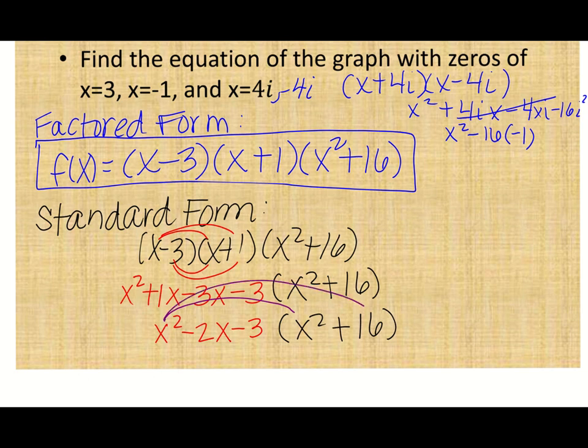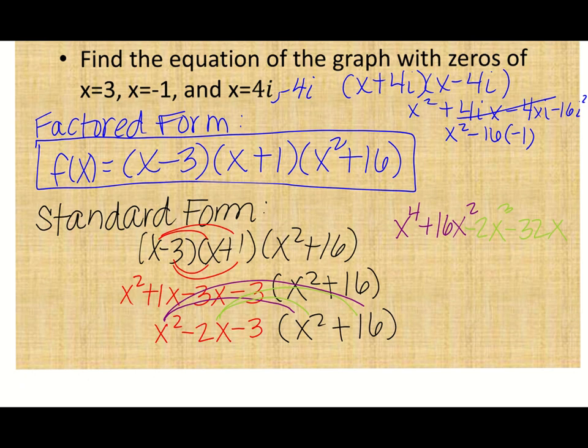So bringing that up here, I'm going to get x to the 4th plus 16x squared. So that's multiplying my first term in. Now if I multiply -2x in, I have -2x times x squared, which is going to give me -2x cubed, and then -2x times 16, which is going to give me -32x.